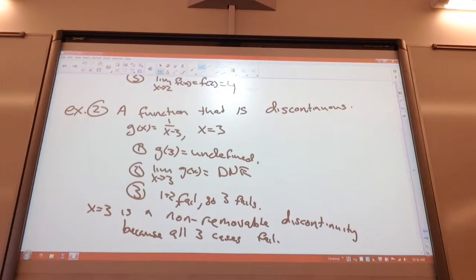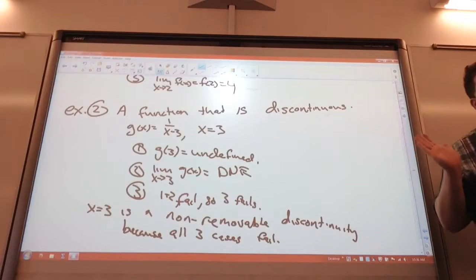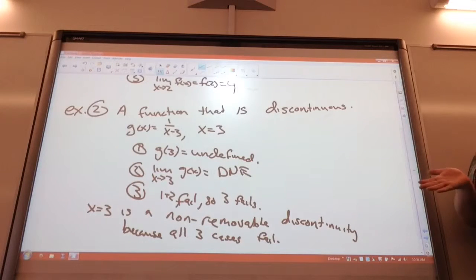Anyway, so this is what we get right here. This function here is just straight up discontinuous at 3. By the way, a lot of times when we have discontinuities, we'll end up classifying them to give us a sense of what they mean in a larger context.